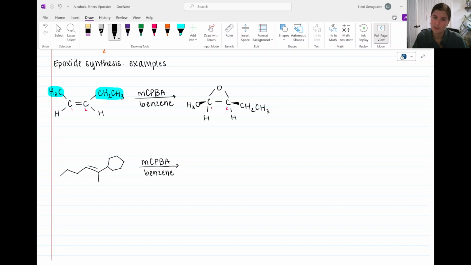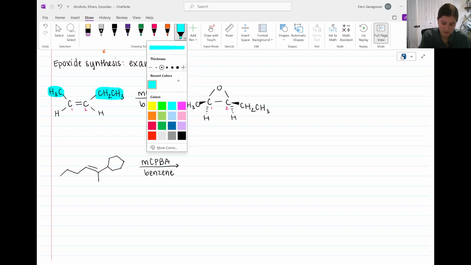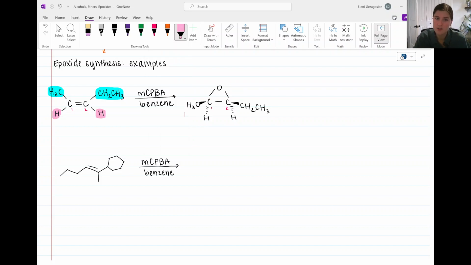So if those two bonds are on wedges, then the two bonds to hydrogens should be on dashes. These two hydrogens are on the same side of the double bond, so they get the same bond in each stereocenter.